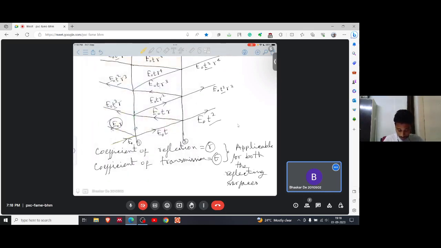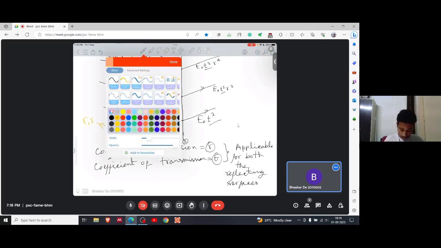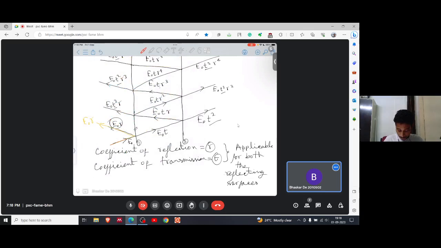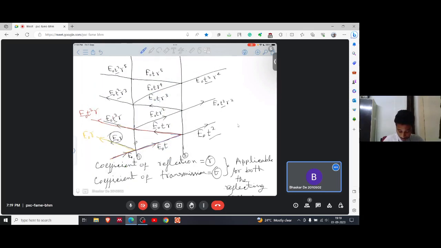So if we are talking about this beam, then it will be E naught R. If I am talking about the second beam, then it is E naught T square R. If I am talking about the third beam, then it is this and this, so it will be E naught T square R cube.